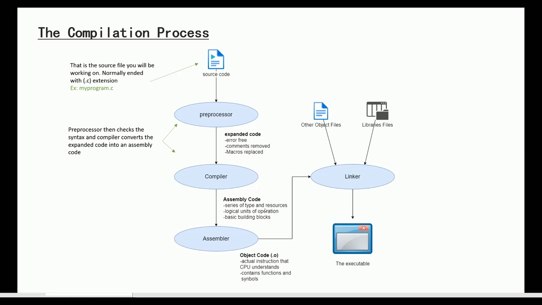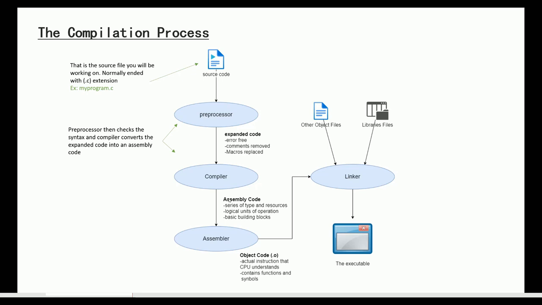This is still somewhat readable by humans, except that it describes the instructions in more detail. It tells the CPU exactly what to do in order to complete a certain computation task. Okay, so that's the assembly code.